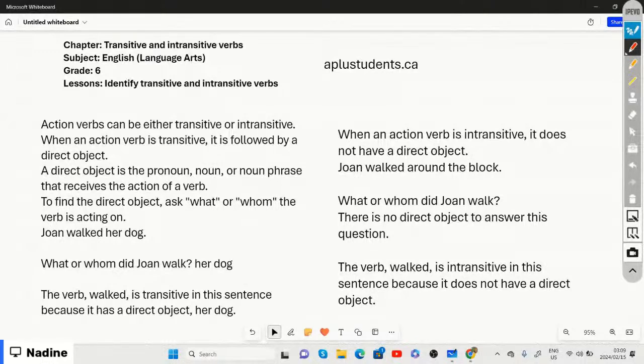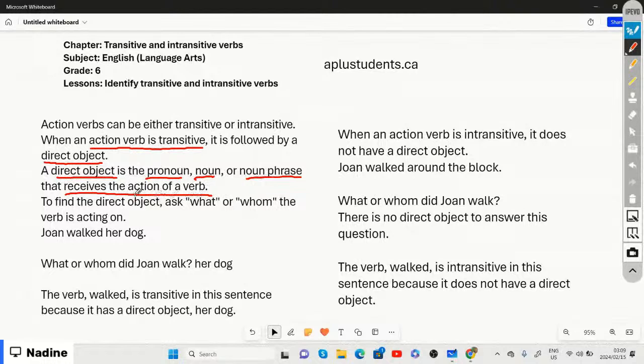So an action verb can either be transitive or intransitive. And when the action verb is transitive, it is followed by a direct object. And the direct object is either a pronoun, a noun, or a noun phrase that is receiving the action of the verb, and the verb is the action.